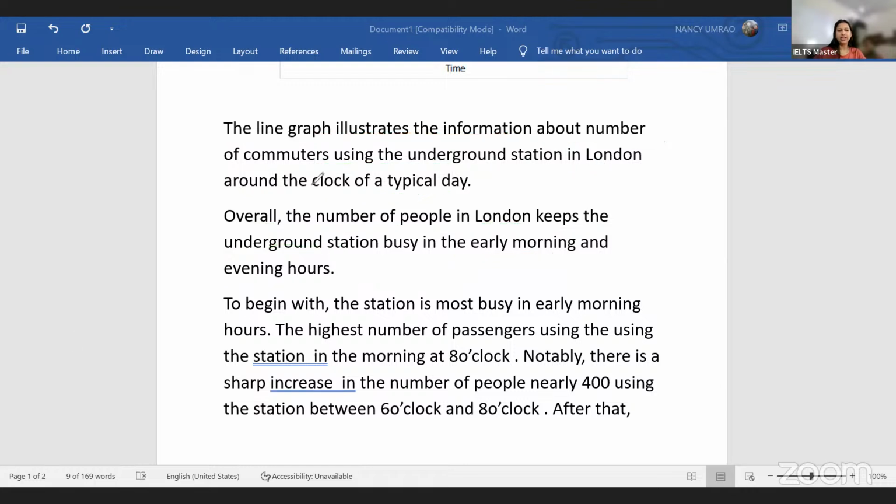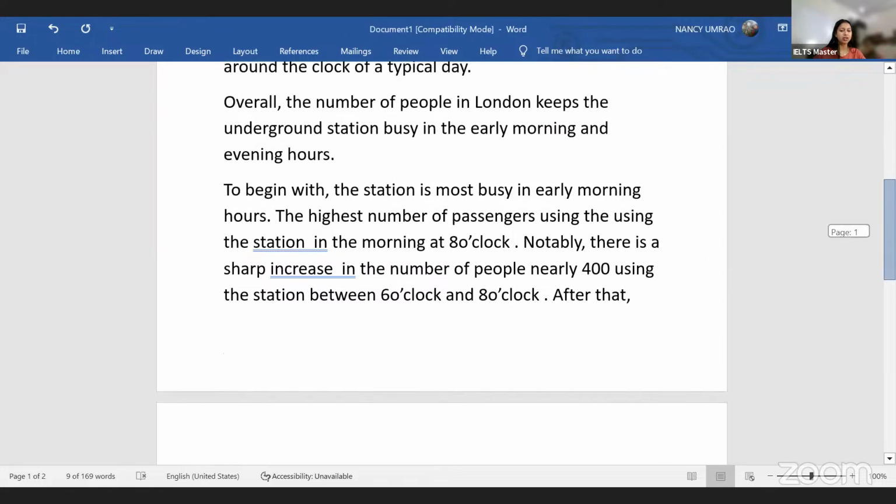When we are writing the body paragraph, we have to make sure that we start with some good connector. To begin with, the station is most busy in early morning hours. The highest number of passengers using the station is in the morning at 8 o'clock. Okay.